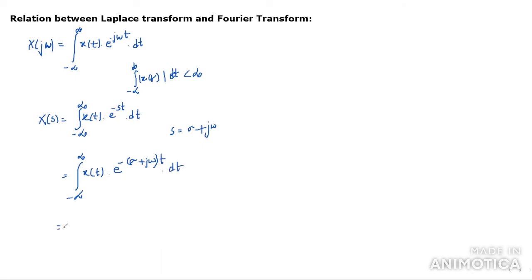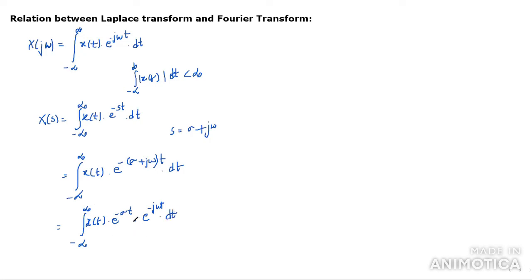Further I can rewrite as integral of x of t e power minus sigma t into e power minus j omega t dt.